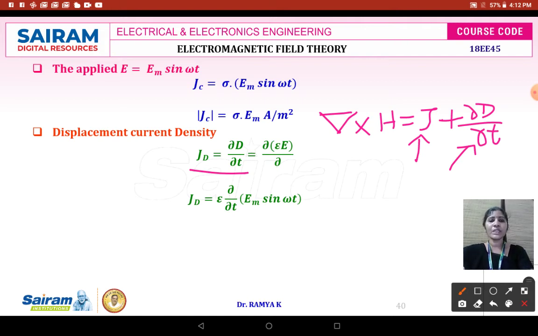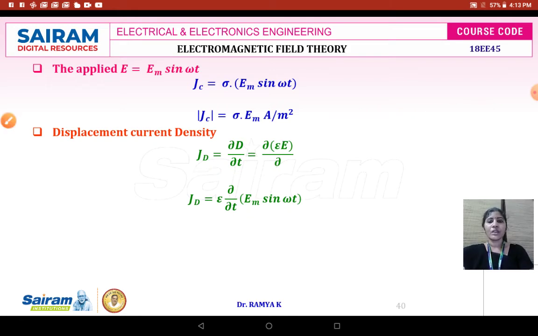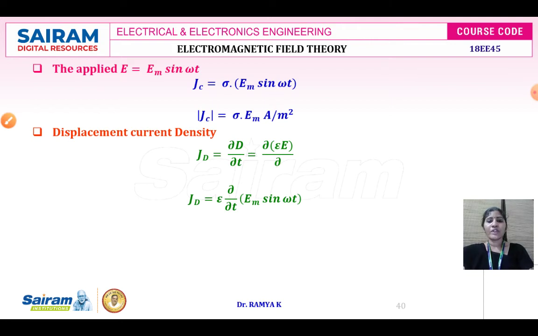If you replace D in terms of E, you will get D is equal to epsilon into E. From this you will get JD is equal to epsilon, which is constant, into dou by dou t. In the place of E, you can write it as Em sine omega t. After differentiating, sine omega t becomes cos omega t into omega.